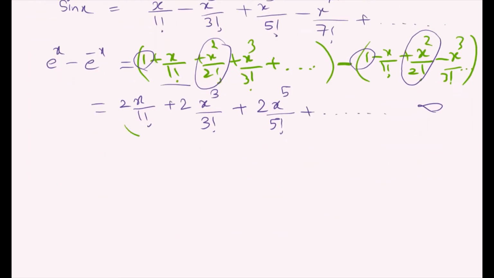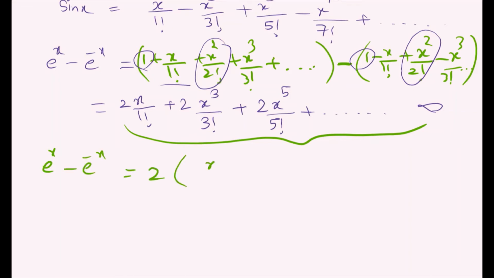In this entire expansion, I can take out 2 as a common number. Taking out 2 common, I get e power x minus e power minus x equals 2 of x by 1 factorial plus x cube by 3 factorial plus x power 5 by 5 factorial plus so on.